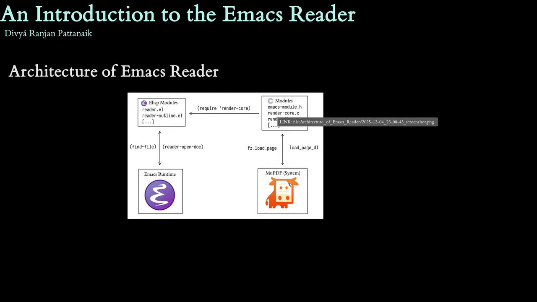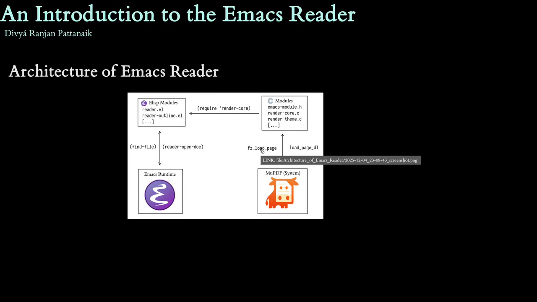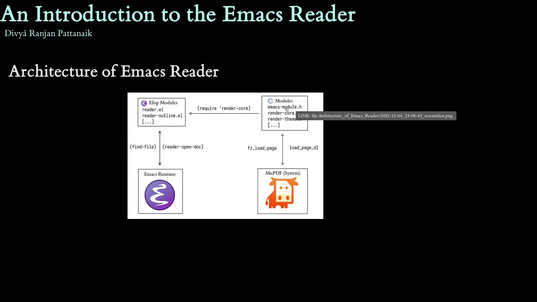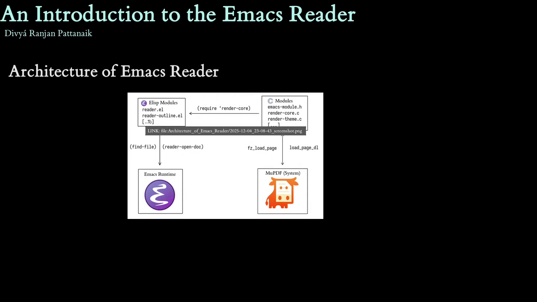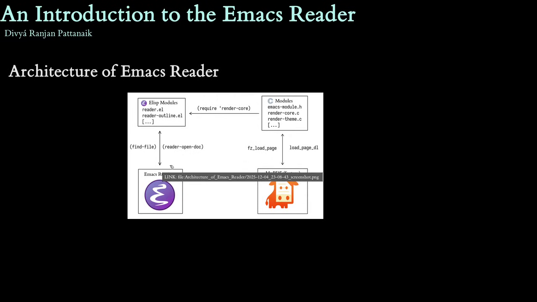The MuPDF system package is dynamically linked to the C modules, so we're basically just using it as a shared library. You have fz_load_page, for example. It's a MuPDF function that we're going to be using in the C modules. So it's going to make a shared dynamic call to MuPDF, render the page, and then show this to Emacs.